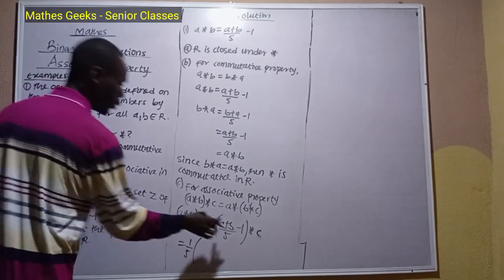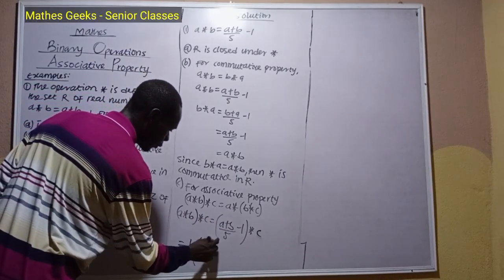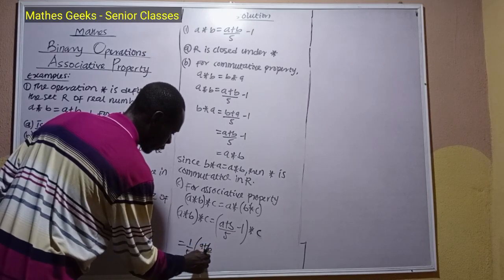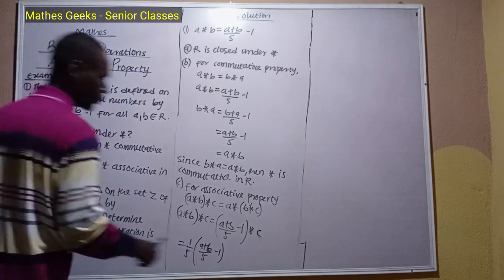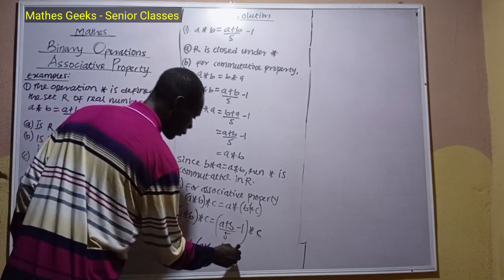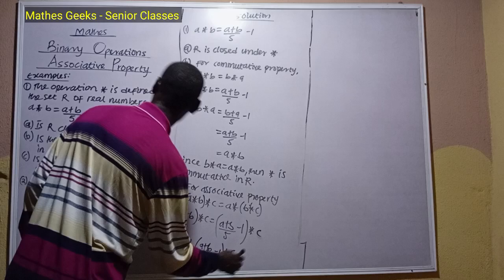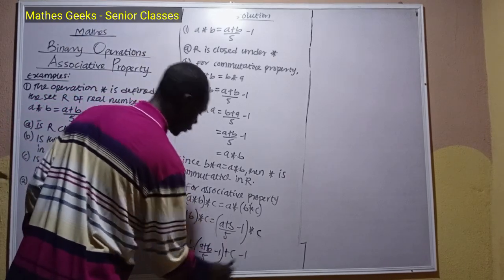Now A is (A plus B) over 5 minus 1, and then plus B, where B is C, and then minus 1, plus C minus 1.